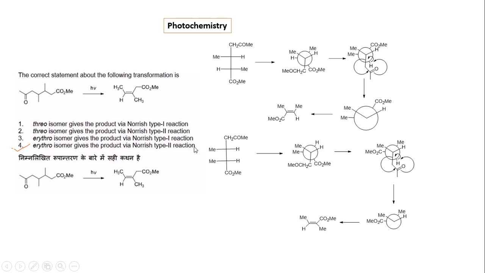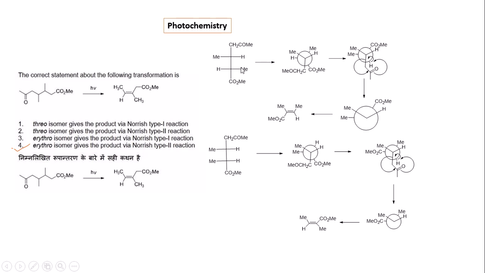Now this is a photochemistry related problem, where we know that the compound undergoes a Norrish type 2 reaction, where the beta cleavage occurs. Here the substrate after beta cleavage produces the trans alkene.